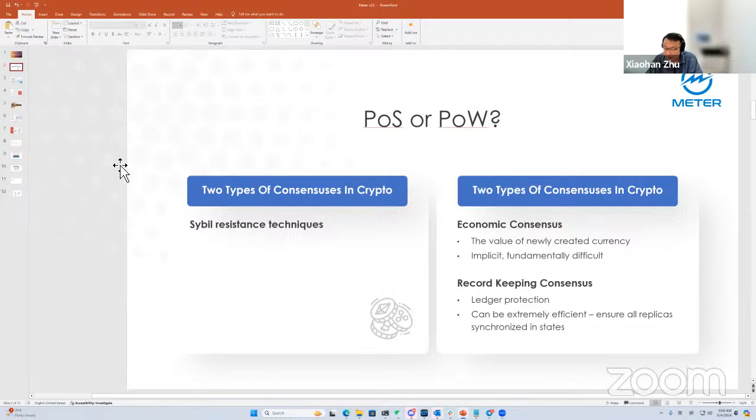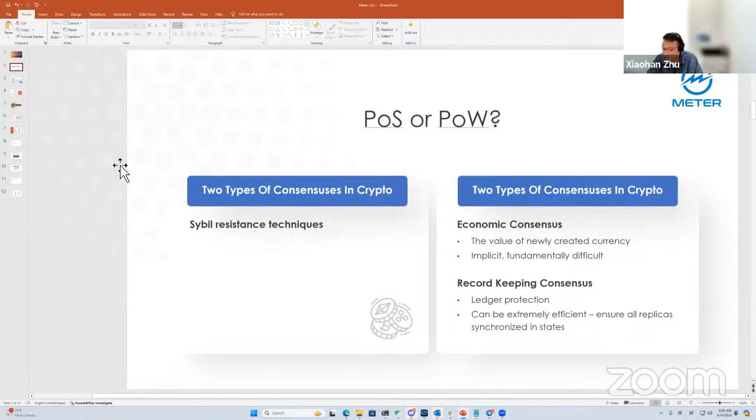Also, if you look at the existing cryptocurrencies, there are actually two types of real consensus going on. One is an economic consensus. An example is proof of work. This works through the competitive behavior of the miners as they try to discover the value of newly created currency.